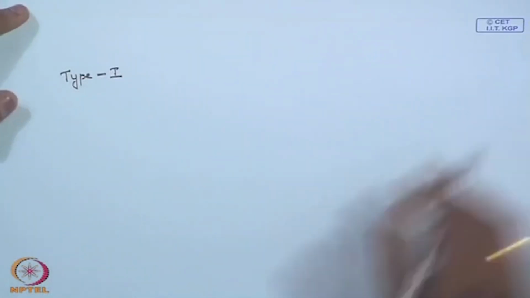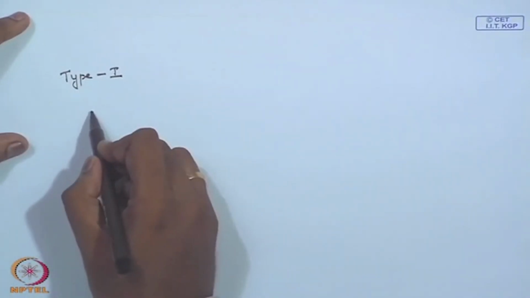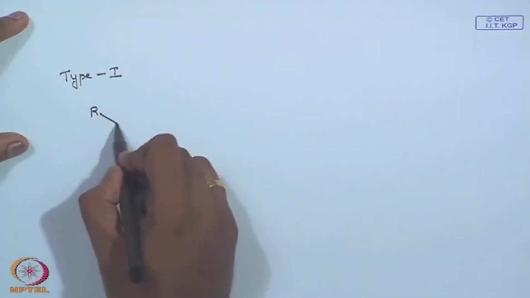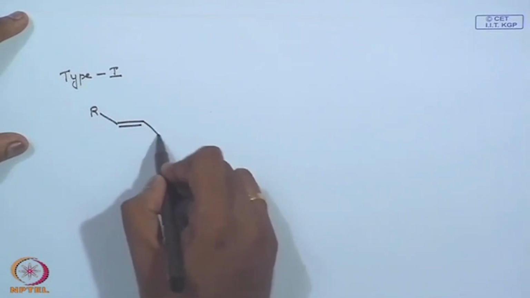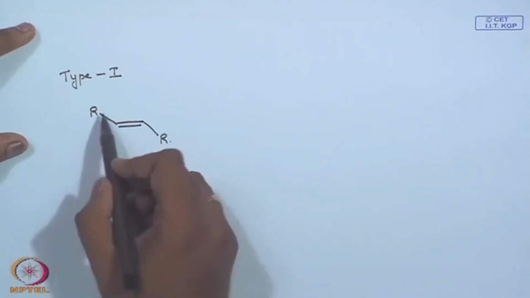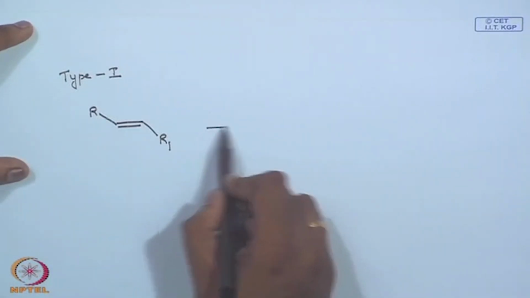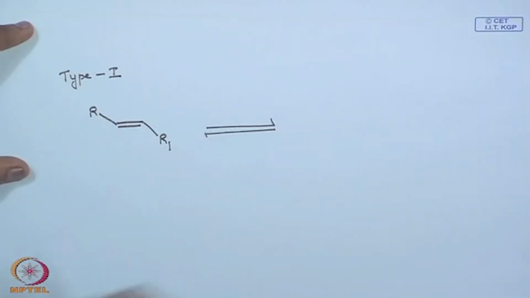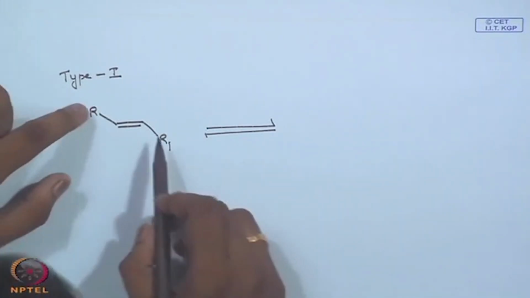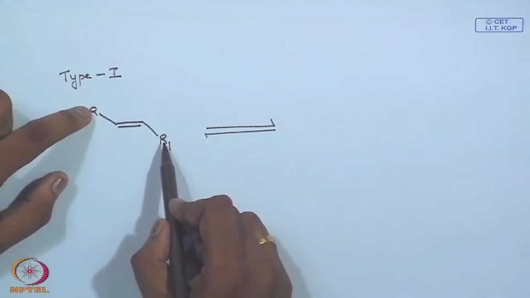So, we will take a simple example of type 1. You have an alkene, I call the substituents R and R1. I do a reaction on this. These are my two migrating groups.